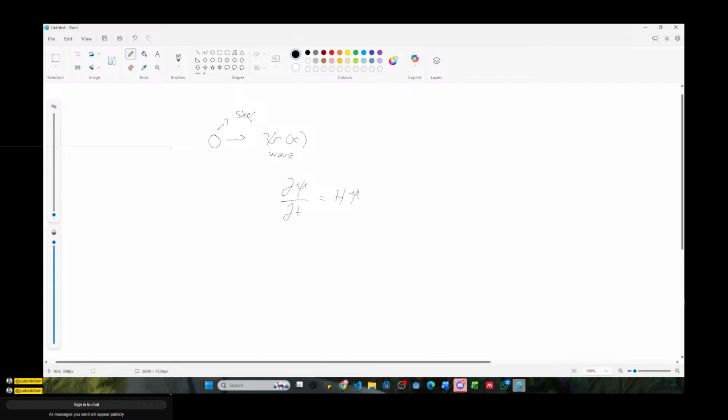This is the Schrödinger, this is the Hamiltonian, and this is the time-dependent Schrödinger equation. We're not going to talk about this, because we're going to talk about the quantum wave packet.